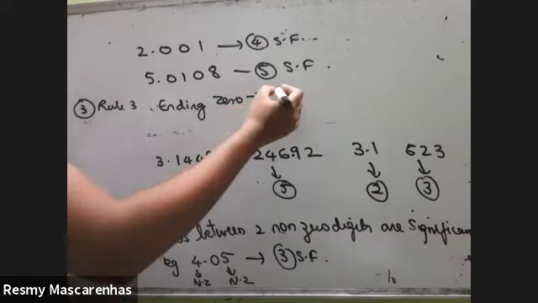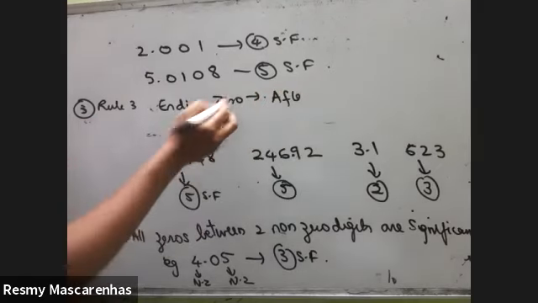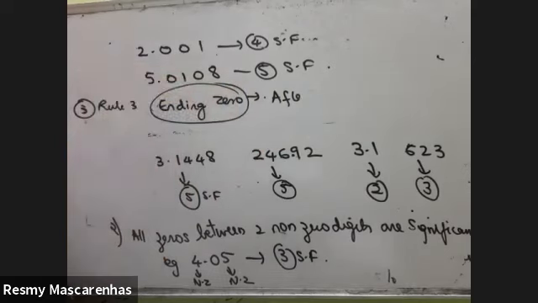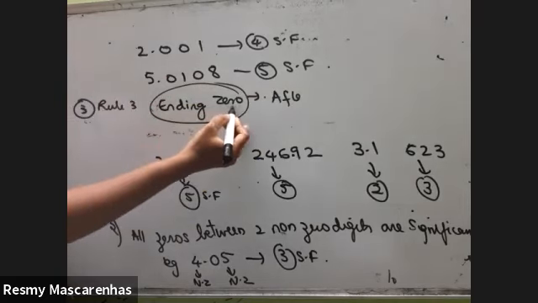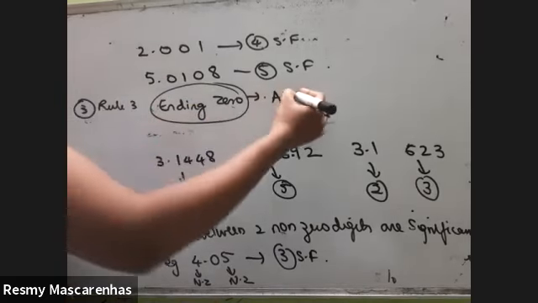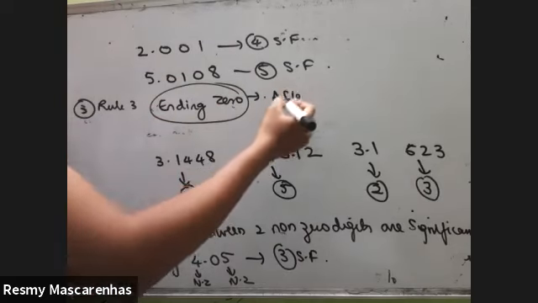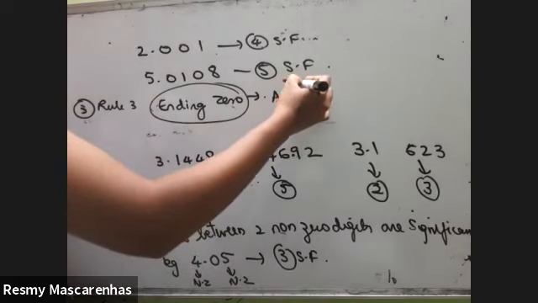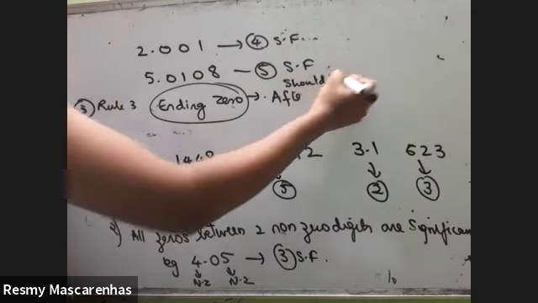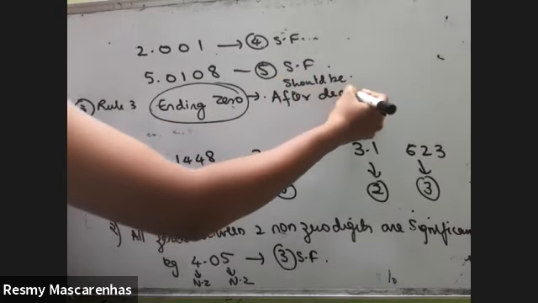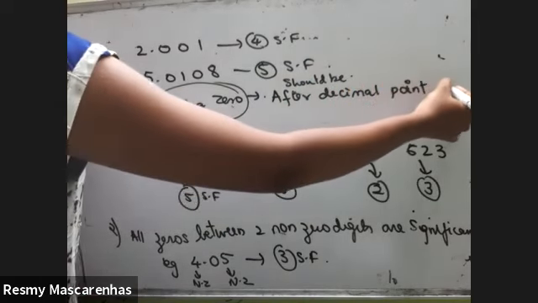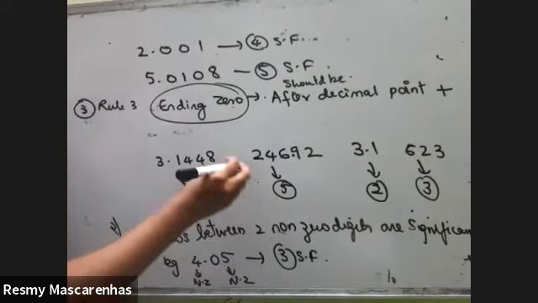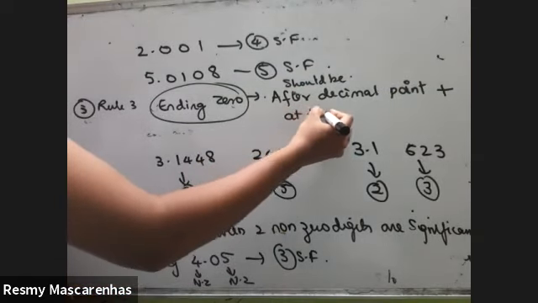Ending 0 means, suppose you have an ending 0. There are 2 conditions for that. At the end, suppose you have a 0, the first condition should be after the decimal point, and the second condition is at the end.